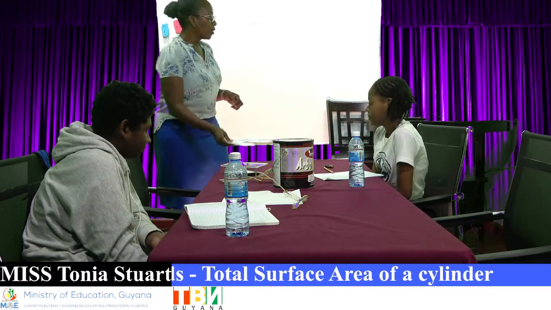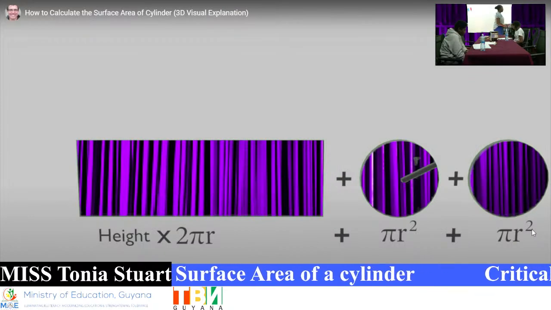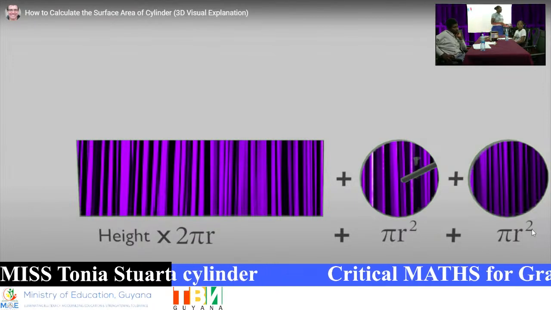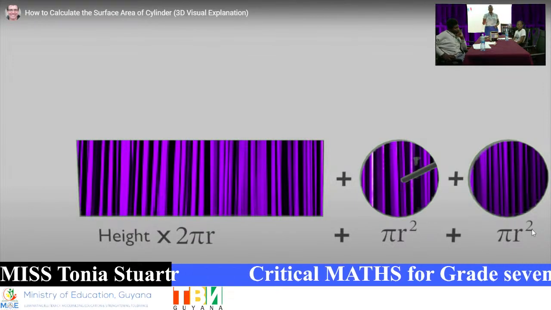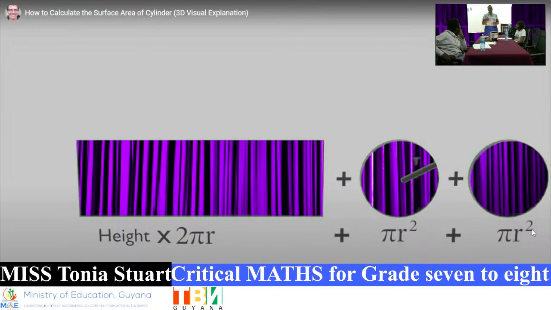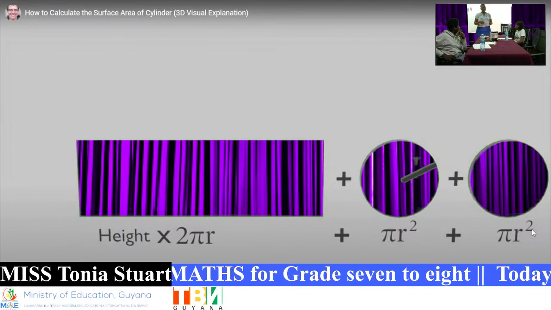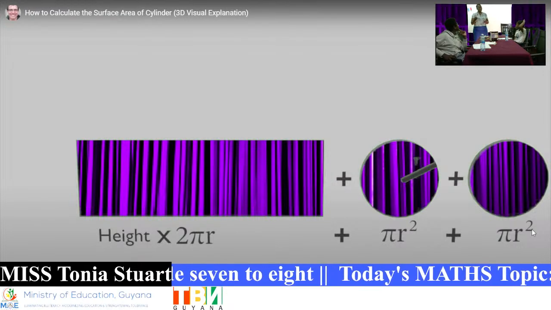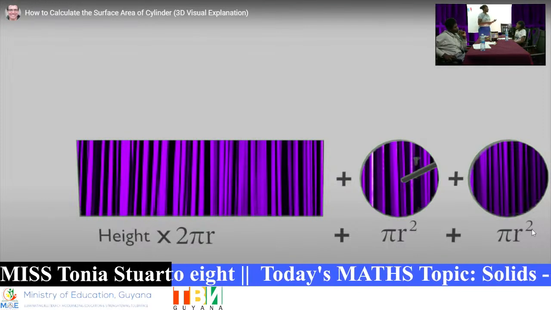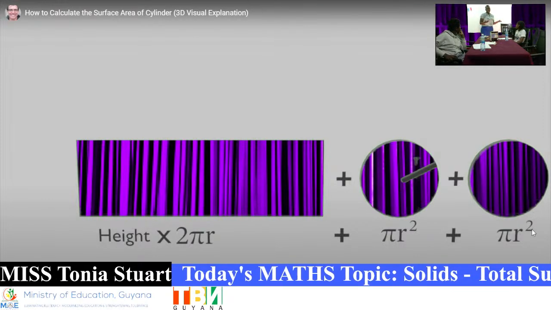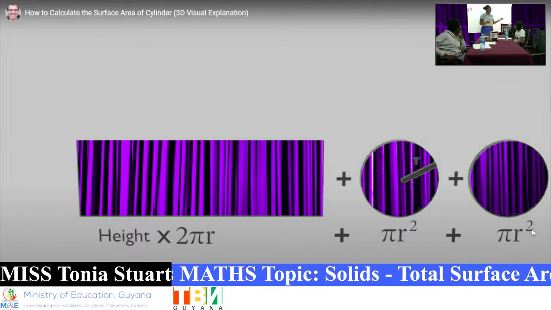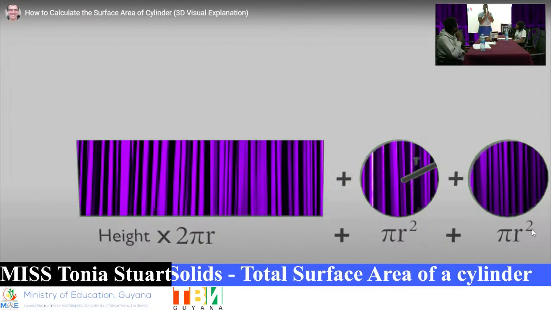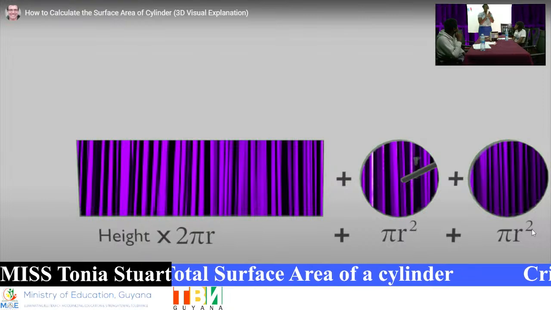Alright, good. So, as was shown, we want to find the area of the rectangle. The area of the rectangle we know would be what? If you can recall, what is the area of a rectangle? Length times width, right? But in this case, we can say height, and remember, the length here was a circle first, and we said it is the circumference.